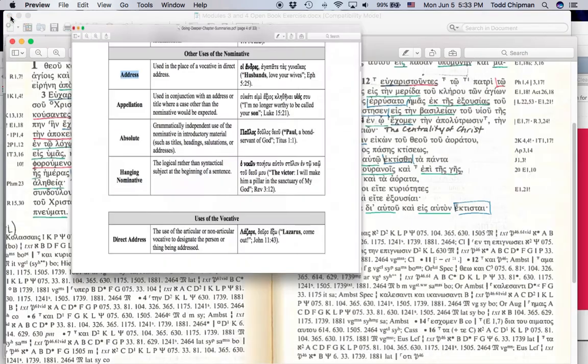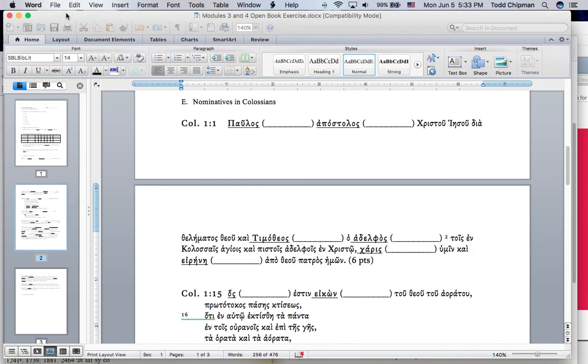Well, let's look at Colossians here for a few moments. We have the Module 3 and 4 open book exercise here, and you'll complete this in toto in the next module. Here, just the nominatives that we are looking at, and we begin in Colossians 1:1 with the nominatives.